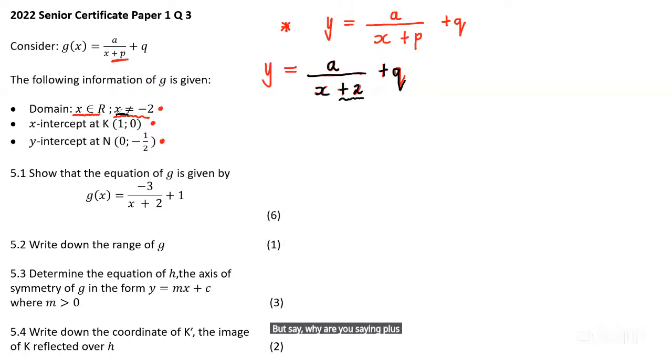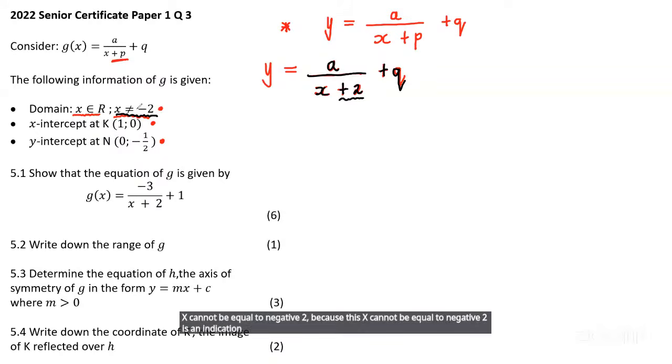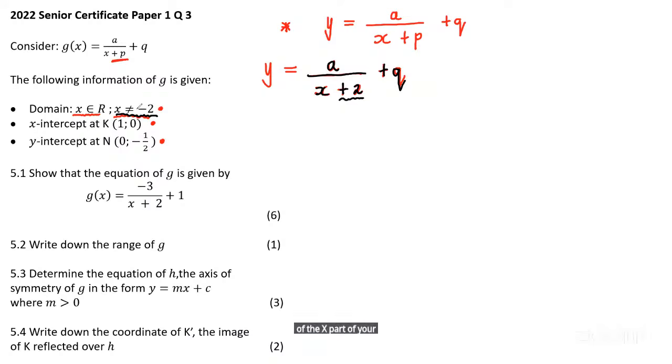Well, they said x cannot be equal to negative 2, because this x cannot be equal to negative 2 is an indication of the asymptote of the x part of your hyperbola. Yebo, it's negative 2.